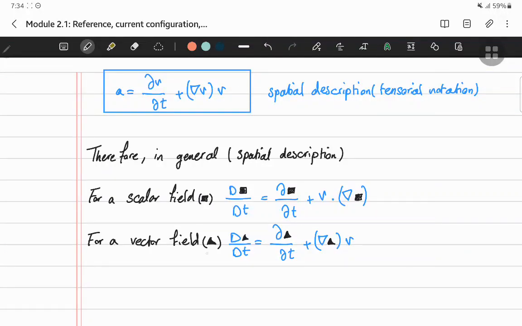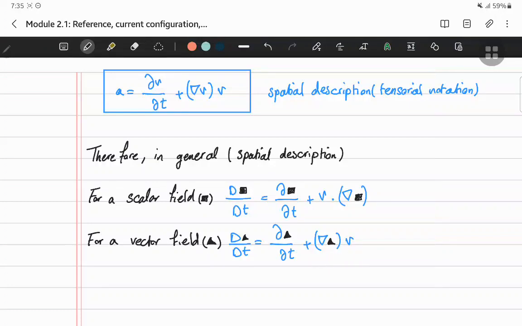So if you have a vector field, the derivative of it with respect to time is equal to the partial derivative of that vector field with time plus the gradient of that vector field, which is, of course, as we already mentioned, the gradient increases the order of a tensor field by 1. So if you have a vector field, you get a tensor. So this is a tensor, and the product of the gradient and the velocity.